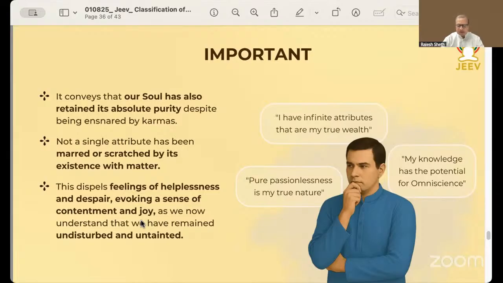So in the first Nay, we did a discriminative knowledge between all the external objects and our external objects. When we say our external objects, it means my home, my car, my family, my parents, my children, mine.